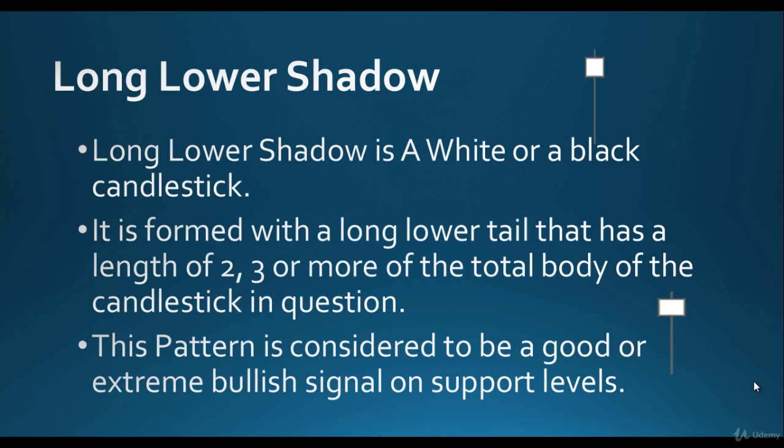Now why do I say that? Because of the tail. The tail shows that it had fallen so much on the day that people were afraid. It was a big red candle. But then someone came up and bought all the sellers. So it formed a tail and the price closed at the top or near the open.